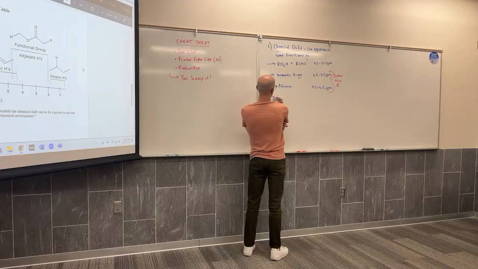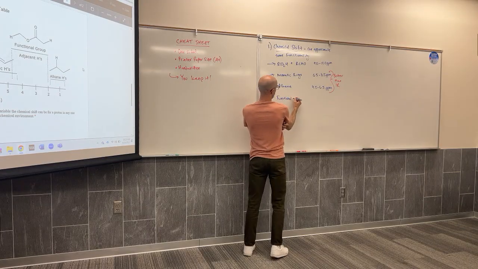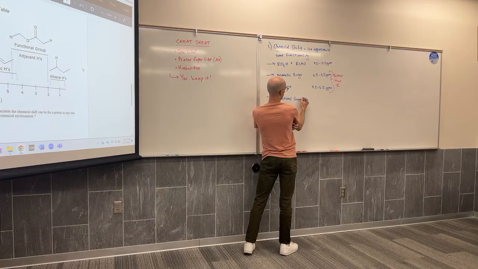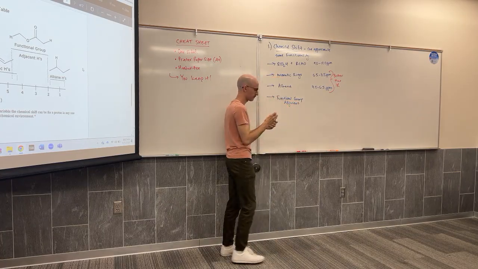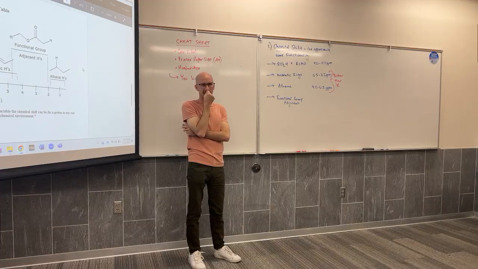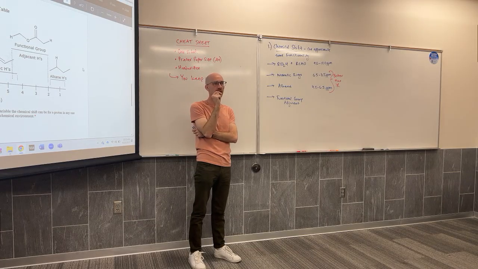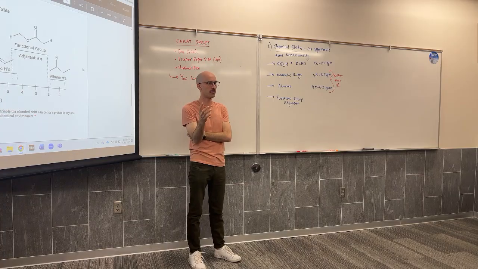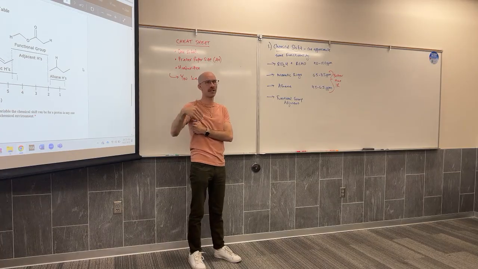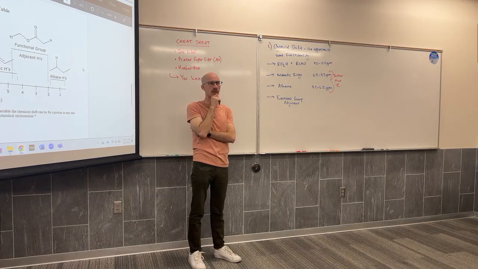All right, then I've got this range that I'm calling functional group adjacent. These are hydrogens that are bonded to the carbon of a functional group, so they are kind of hydrogens adjacent to the functional group itself.